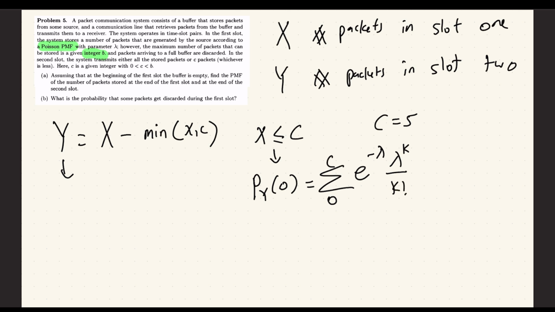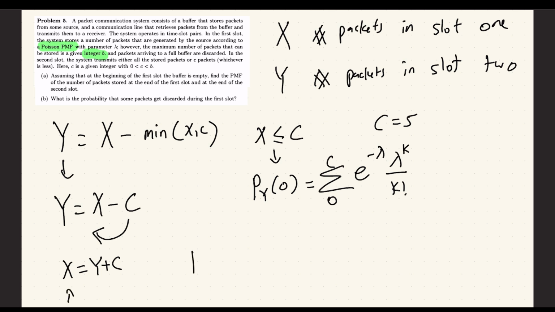Now, if we said X is more than C, okay, what does this mean? So this means that the minimum is C. So our formula becomes Y is equal to X minus C. Well, we can move the C here and say that X is equal to Y plus C. Well, we have a formula for X, right?